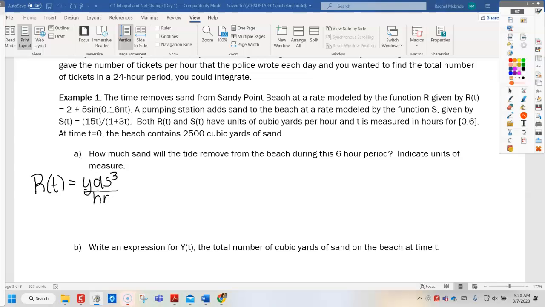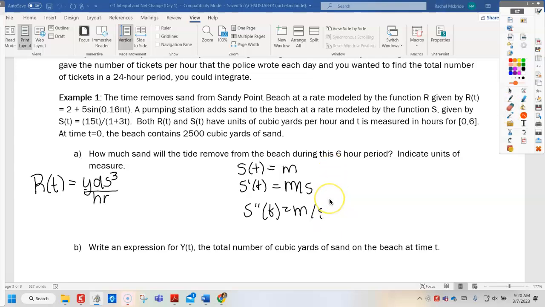Even if you go back to your good old days, if S of t is meters, then its derivative became meters per second. So if I have cubic yards per hour, what am I trying to get rid of? The hour. To get rid of the hour, you go from meters per second to meters, so we're going to integrate.